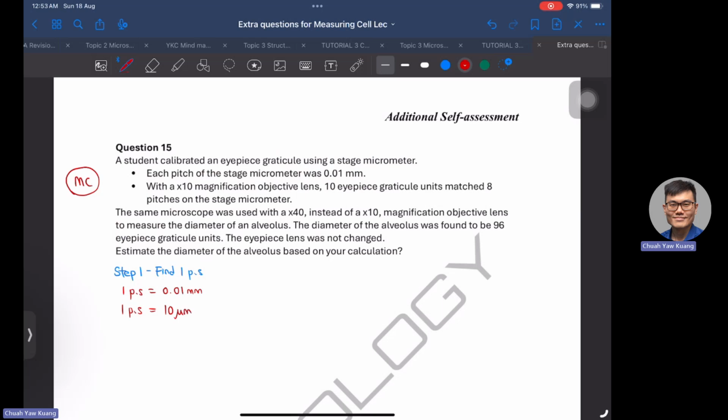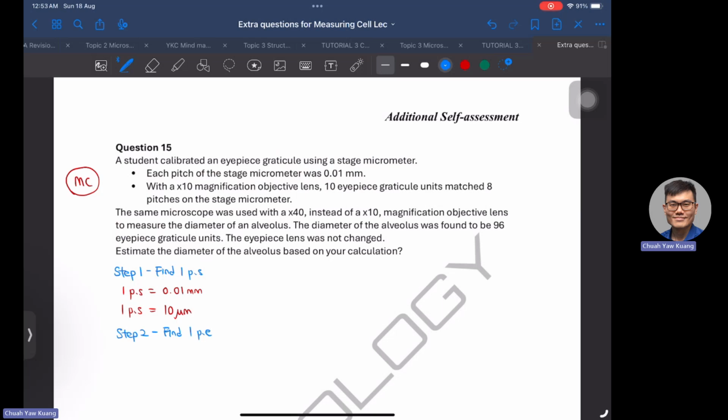Then next we proceed to step number 2: finding one pitch on the eyepiece reticule. To find that, you have to know how many pitches of the eyepiece reticule match with how many pitches on the stage micrometer.